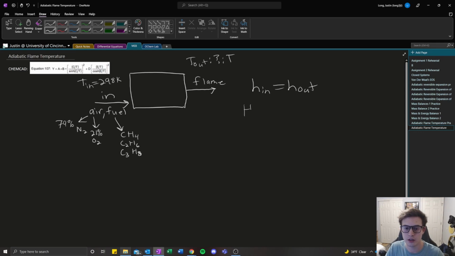So we know that the heat of formation at temperature T is equal to the heat of formation at the initial temperature, 298 kelvins, plus, and normally we would have a regular specific heat, just CP, but in this case, because we're dealing with temperatures that are closer to an extreme range, just more outside of our ideal conditions, we need to integrate this specific heat with respect to the temperature, and we want to do that from our starting temperature to our final temperature.